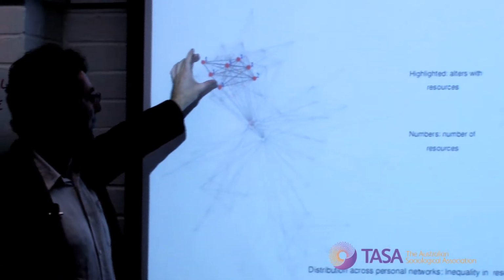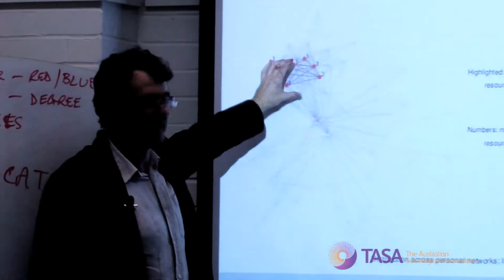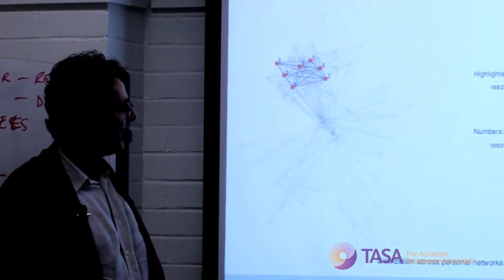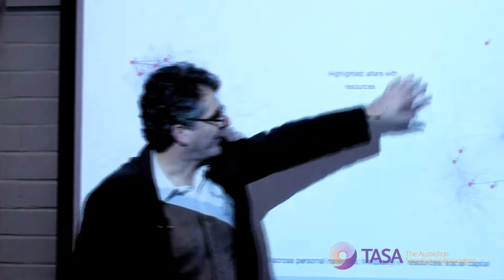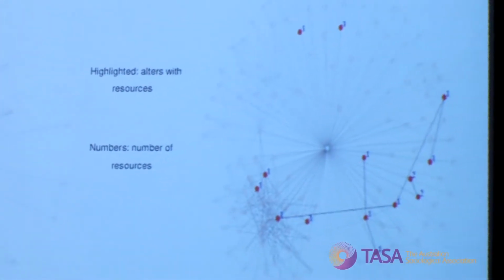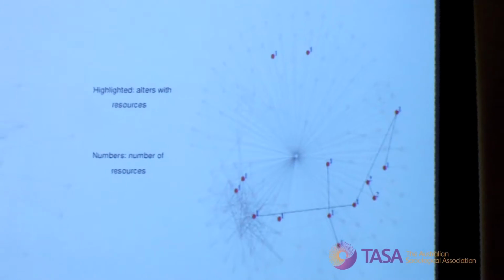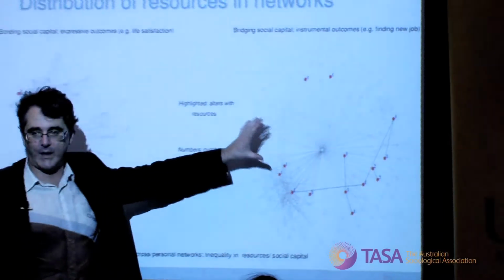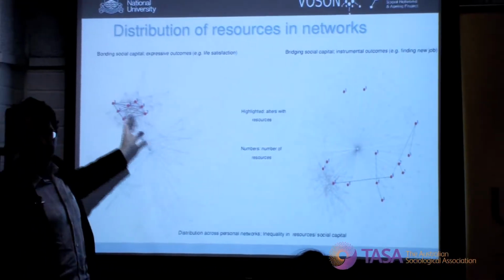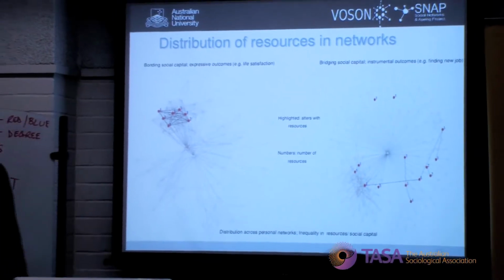People who have resources are in quite a dense cluster up here, while over here, the resources are much more distributed throughout the person's ego net. So this would be an example where the resources are coming through weak ties, while this is where resources are coming through strong ties.